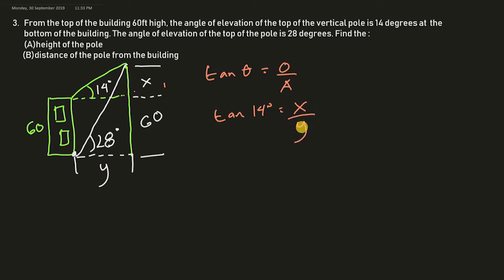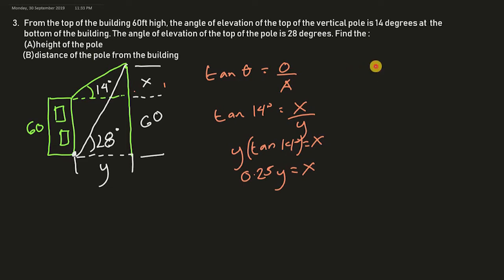So, to solve for this, I will put y dito sa kabilang side para maging isang diretsong equation siya. That's y times tan 14 is equals to x. So, solving that, we use our calculator. We evaluate tan 14 is approximately 0.25. So, that's 0.25y is equals to x.